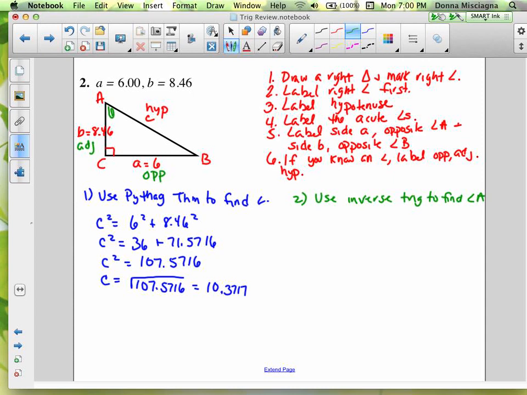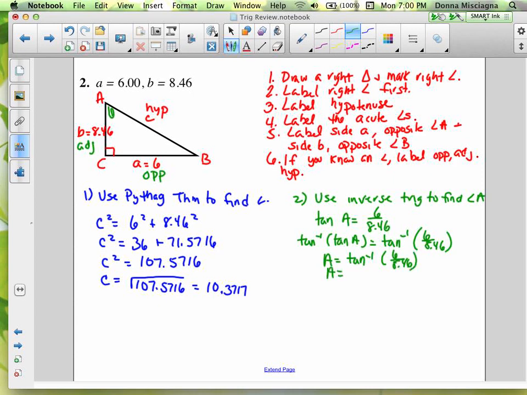What trig function deals with opposite and adjacent? Of course, that's tangent. So tangent A equals 6 over 8.46. To isolate A, we take the arctan of both sides. Arctan and tangent cancel, so A equals arctan of 6 divided by 8.46.